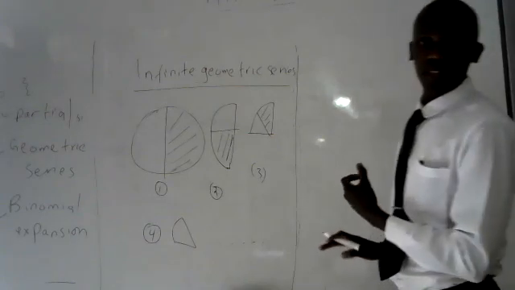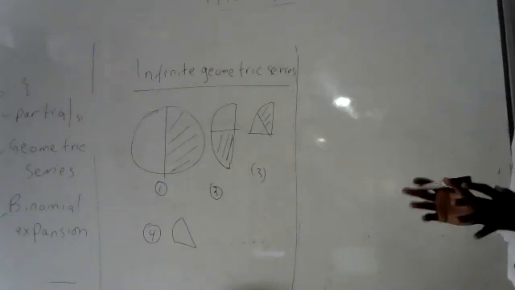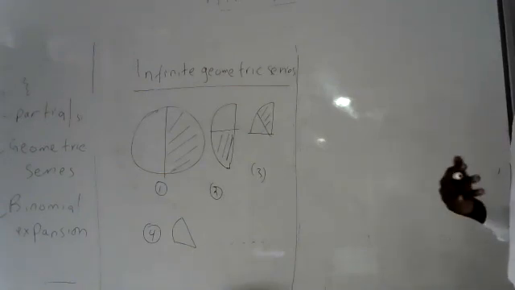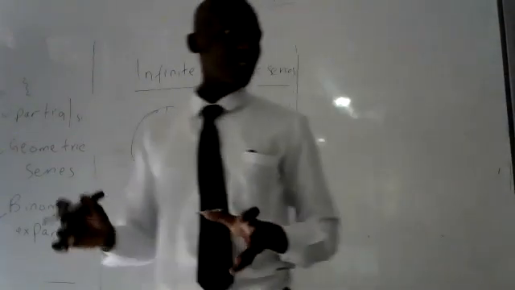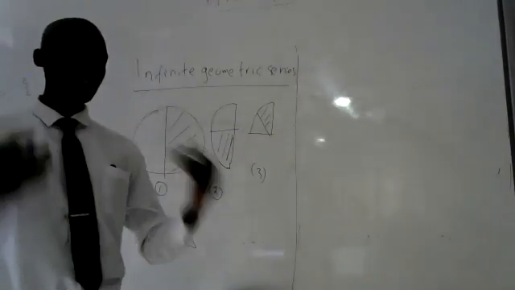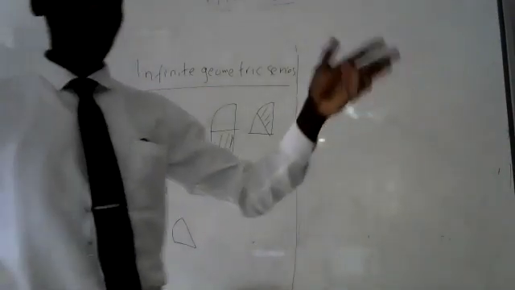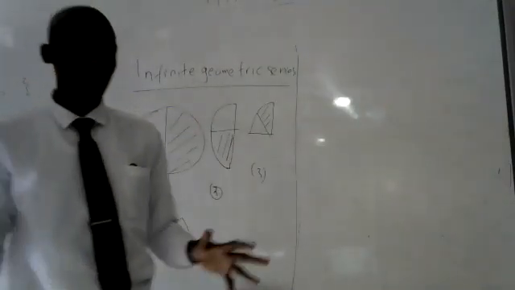So you'll end up with an infinite sequence of activities. Now the question we're asking is, can we have a series where infinitely many terms can add up to a finite number? I give you a series where the number of terms is infinite. Is it possible to find those series whose sum of infinite terms is a finite number?